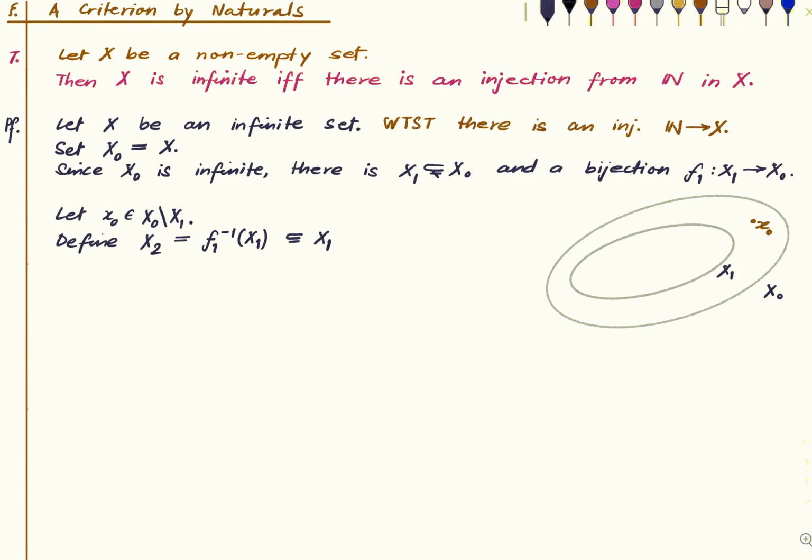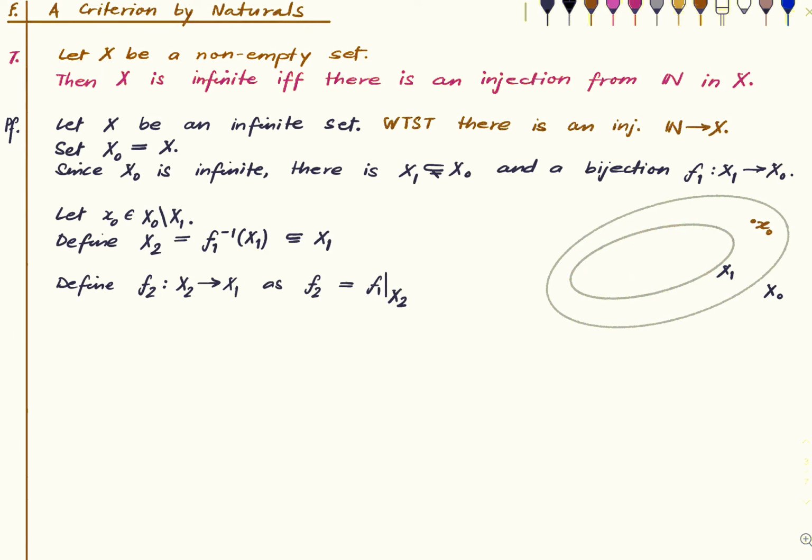Now the point is, define F2 from X2 to X1 as F2 is defined by just restricting F1 to X2. So F1 is a map with the entirety of X1 as its domain, but we restrict F1 to X2.